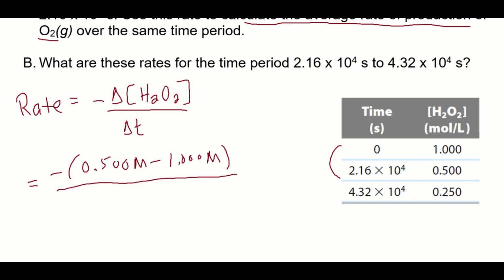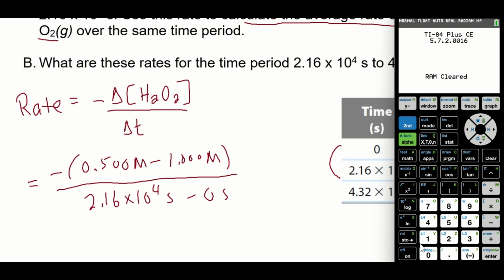And then the time increment, final minus initial. So let's plug these numbers in. The numerator is just going to be 0.5 divided by 2.16 times 10 to the 4.